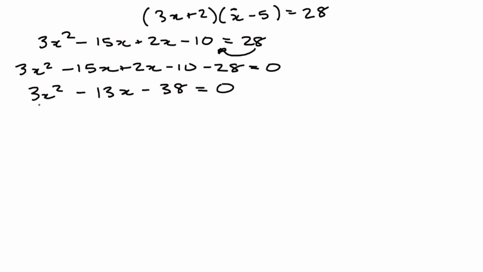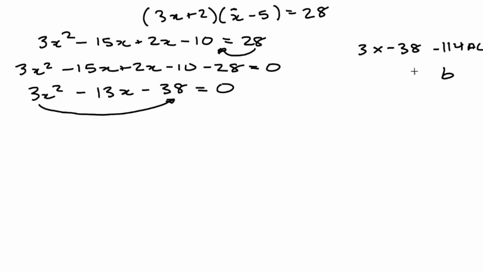Now, in order to solve this, we have a similar situation to what we've had before. We have to factorize. So two terms that multiply for 3 times negative 38, which is negative 114.